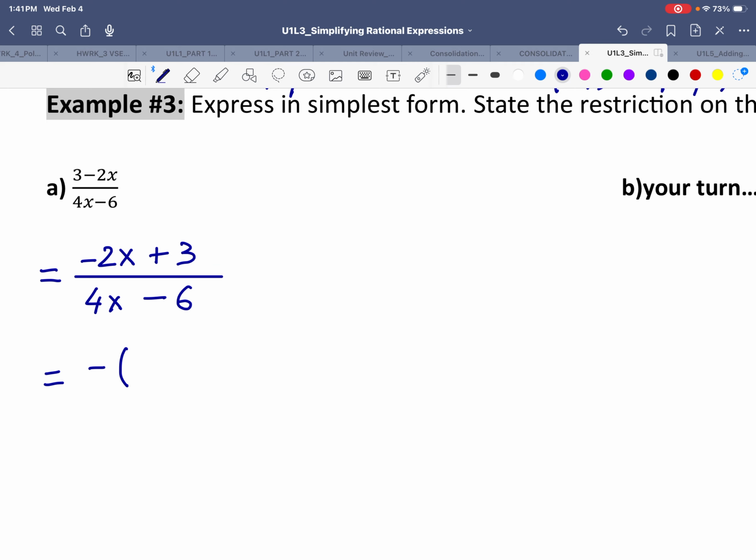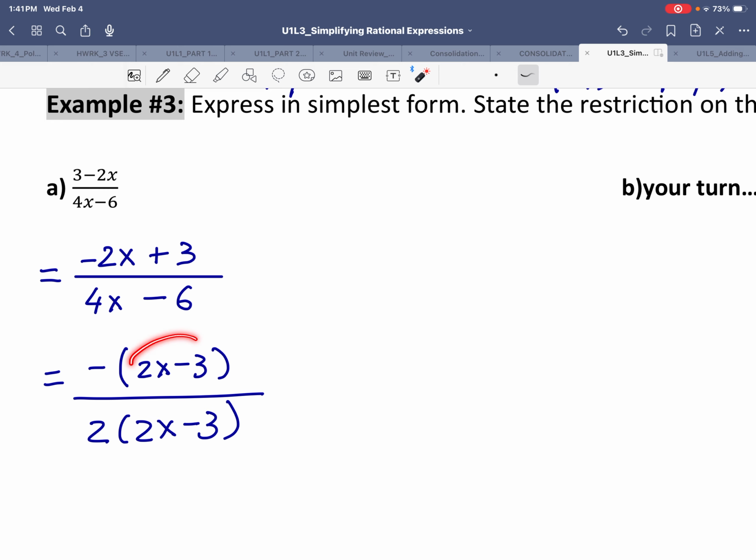And if you take the negative out, then you get negative 2x minus 3, denominator 2 times 2x minus 3. So as you can see now, they're exactly the same thing, right? And what we're going to do is before we start simplifying, we'll state the restriction. We're going to say 2x minus 3 cannot equal 0, 2x different than 3, x different than 3 over 2.